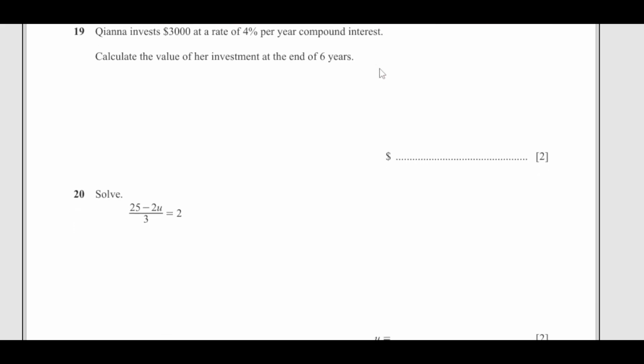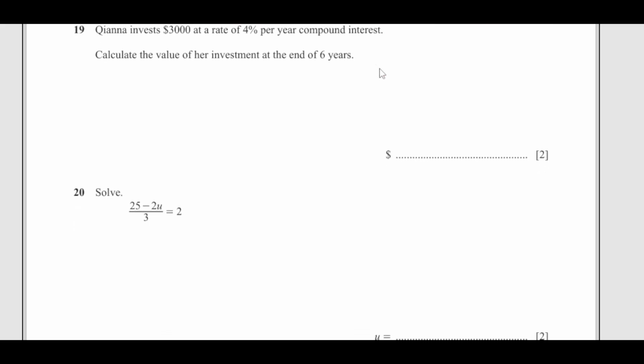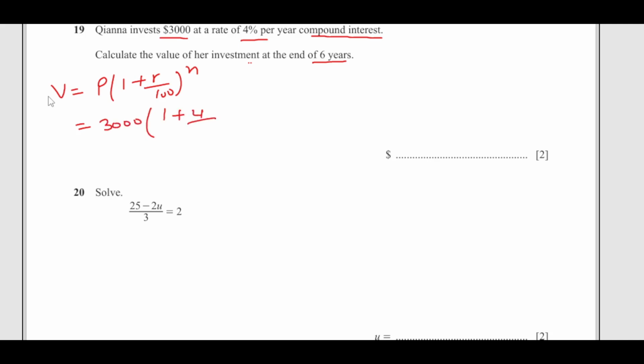Now number 19. Koina invests 3,000 at a rate of 4% per year compound interest. Now it's compound interest. Calculate the value of the investment at the end of 6 years. So the value of the investment is P times (1 plus R over 100) to the power n, where n is the number of years and R is the rate of interest. So the principal amount we have is 3,000 and 1 plus R over 100 is 4 over 100, power n. n is 6.